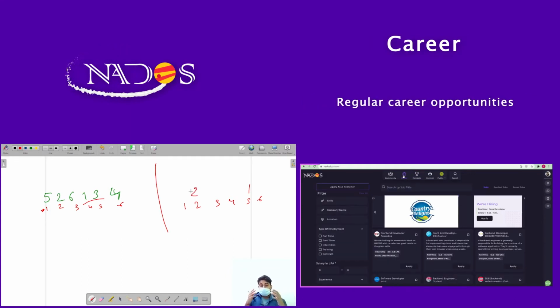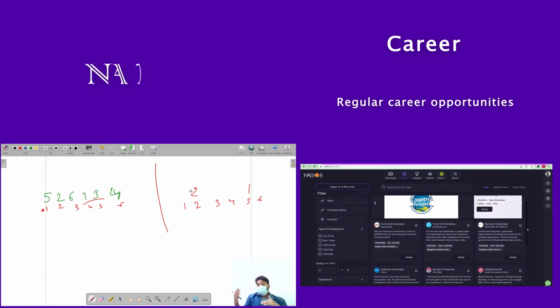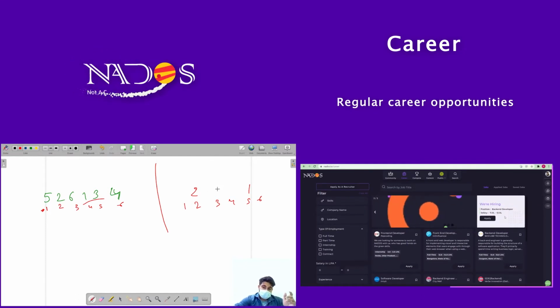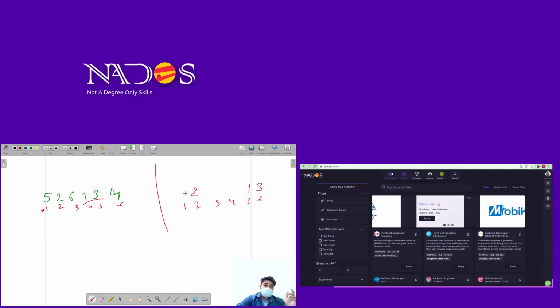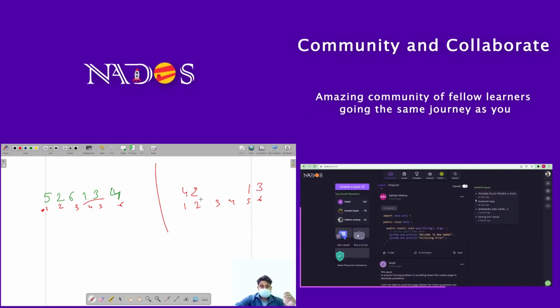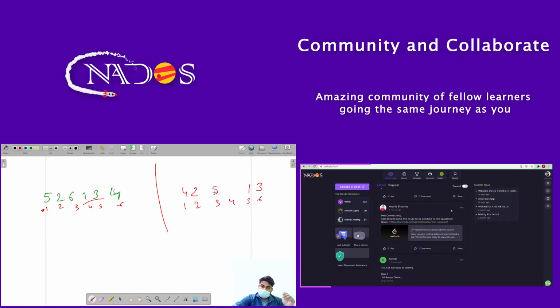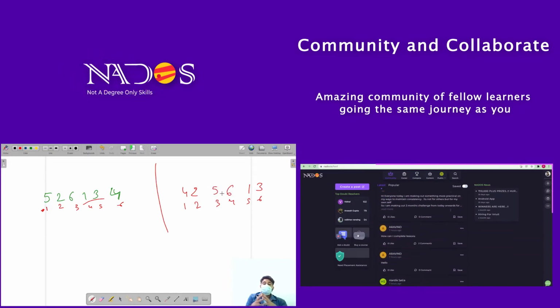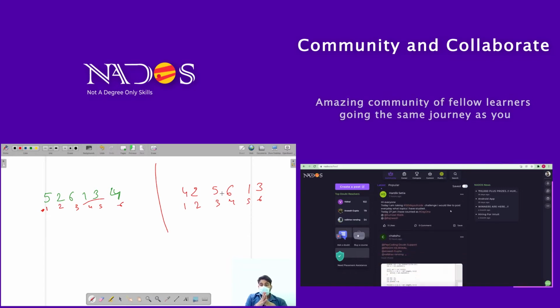Now the 6 is at index 3, so the 3 will come at index 6. Similarly 4 will come at index 1, 5 will come at index 3, and 6 will come at index 4.